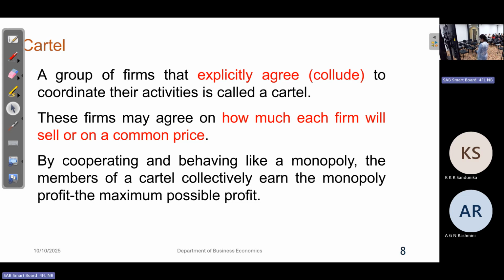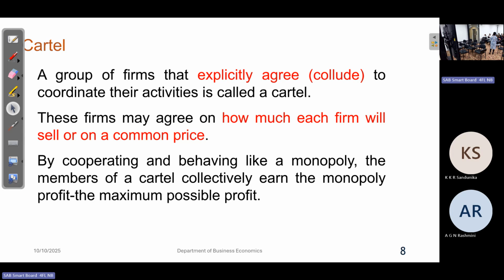By cooperating and behaving like a monopoly, the members of a cartel collectively earn the monopoly profit, the maximum possible profit. So if they form a cartel, normally they are strong now, right? All together, every firm in the cartel can act as a monopoly.